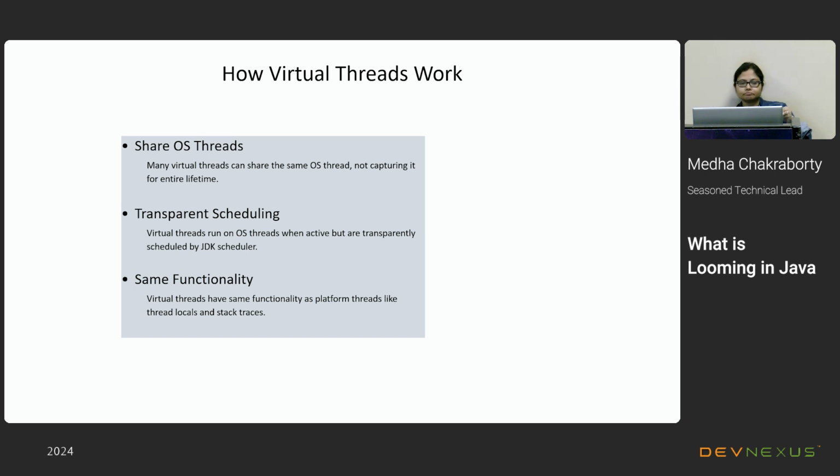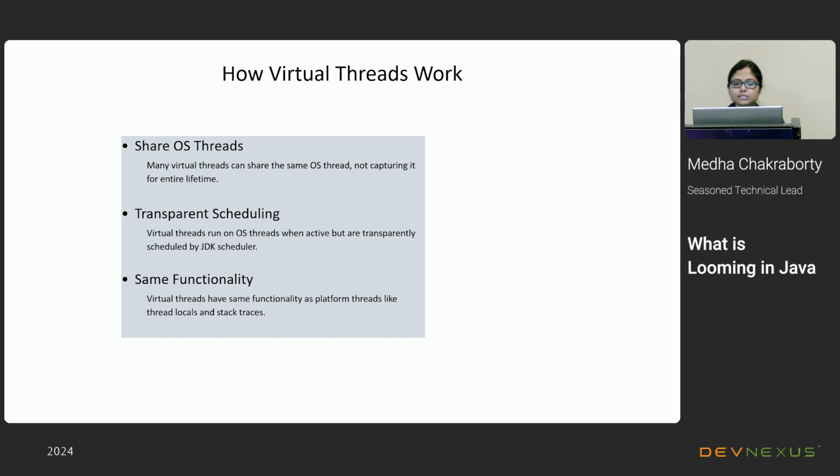The platform thread helps us create multiple virtual threads, but these virtual threads do not capture the actual OS thread, so it is not blocking the OS thread. So if OS thread A has generated virtual thread V5, then while that virtual thread is in action, OS thread 1 can do some other work.